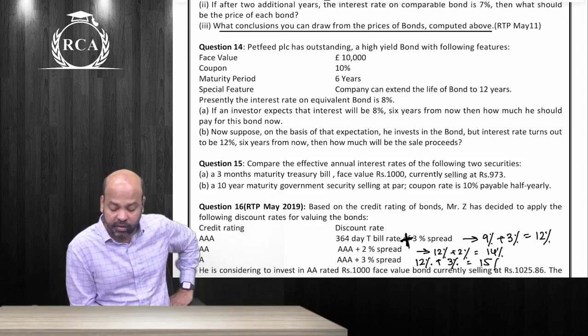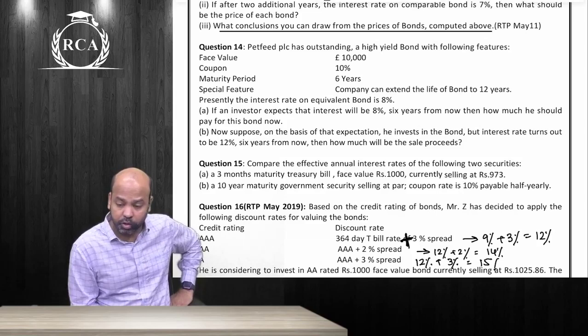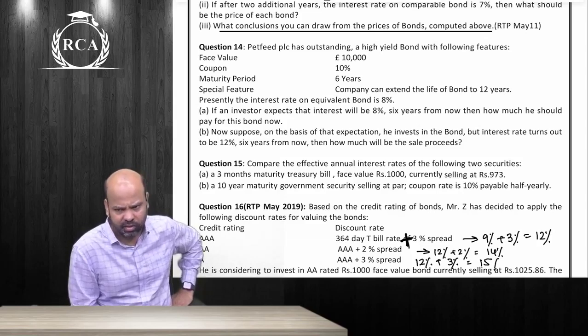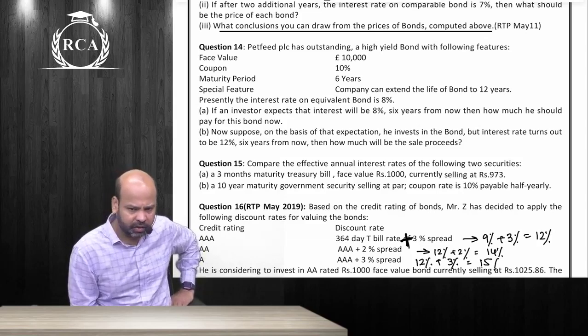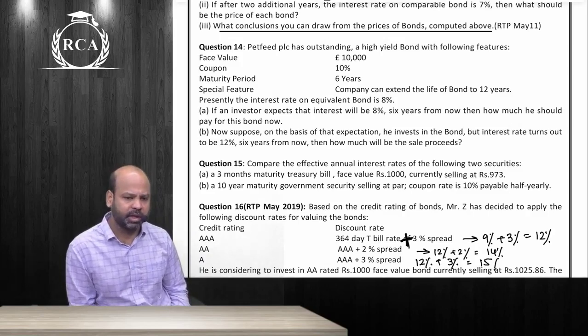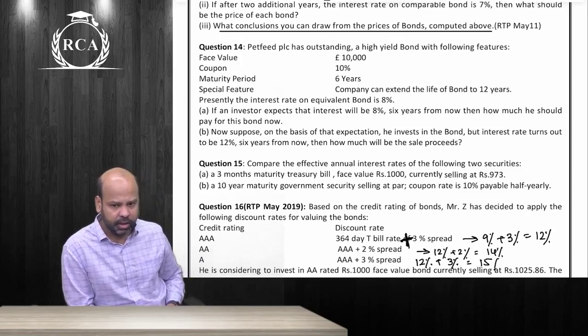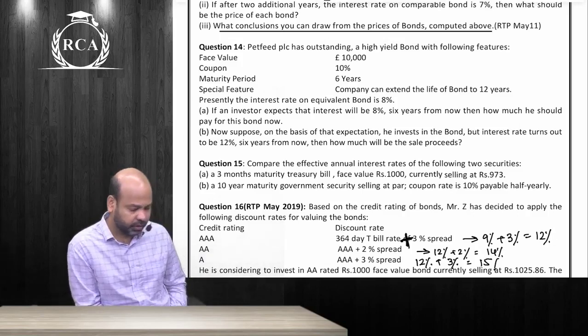Presently, the interest rate on an equivalent bond is 8%. We are offering a coupon of 10%, guys, but the prevailing market interest rates are only 8%. The maturity of this bond is 6 years, but the company can extend the maturity by another 6 years, taking the total maturity to 12 years.